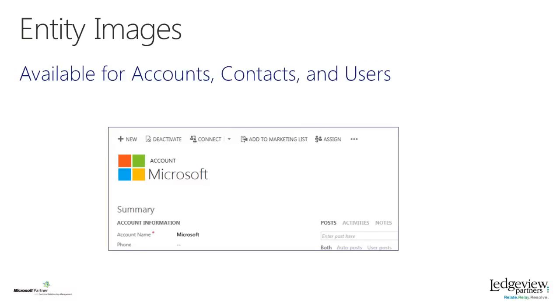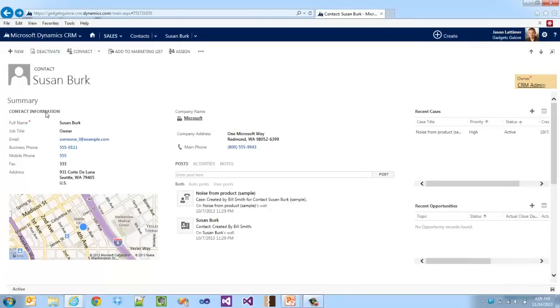The last thing related to the user interface I want to talk about are the new images that can be added to certain entities. Right at the moment, accounts, contacts, and users are the only entities that allow an image to be added. Hopefully soon we'll see support for products. It's very easy to add an image to a form.